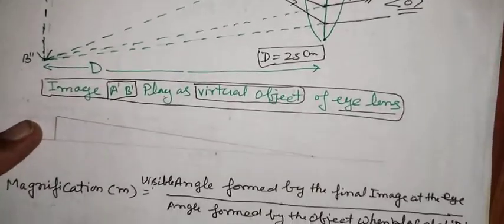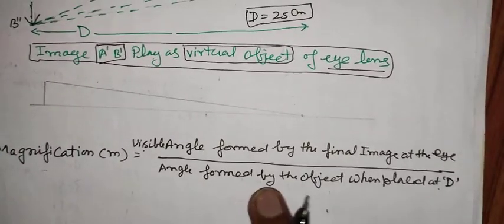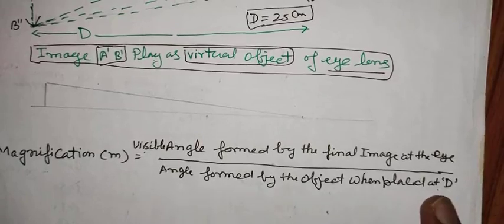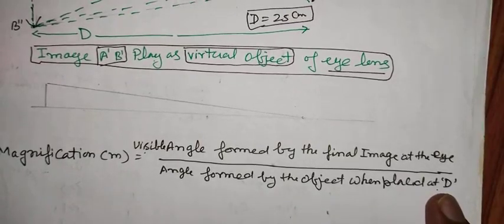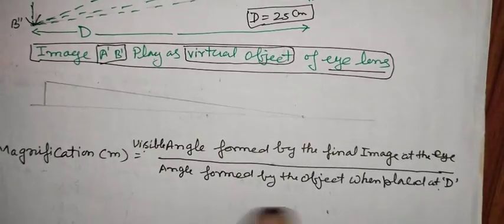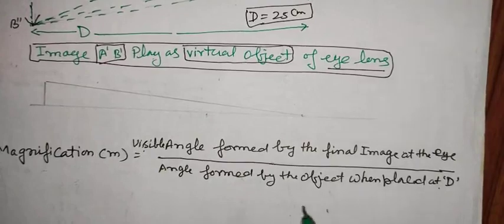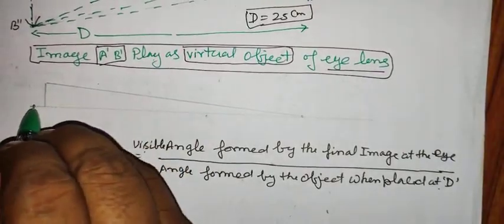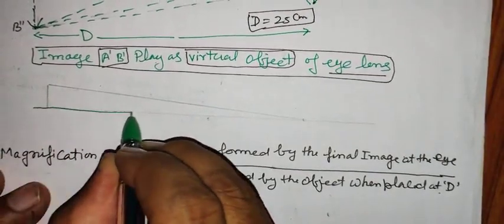Now the second thing: the angle formed by the object when placed at capital D. In this case, no microscope is used. See the diagram.